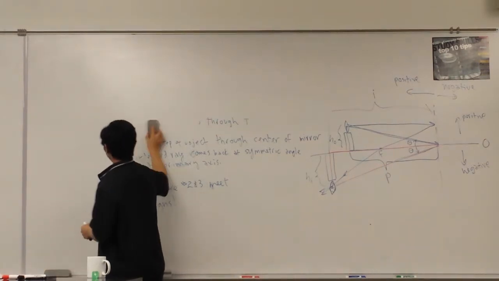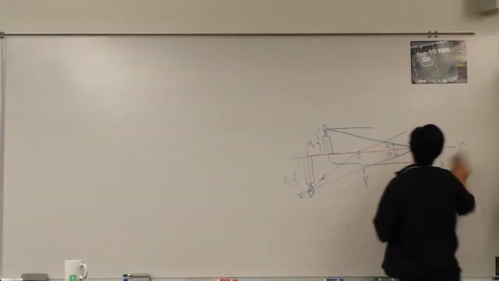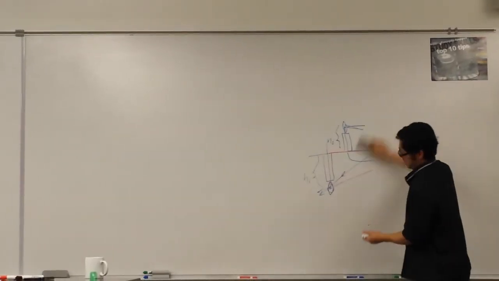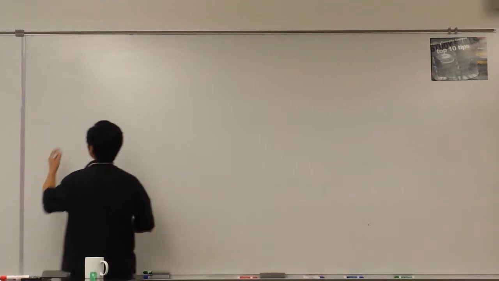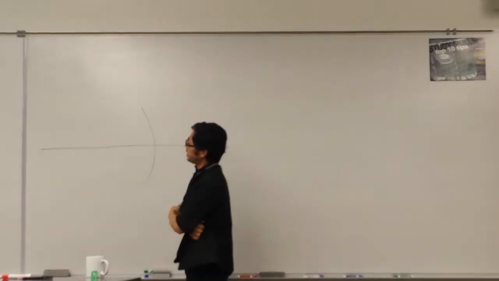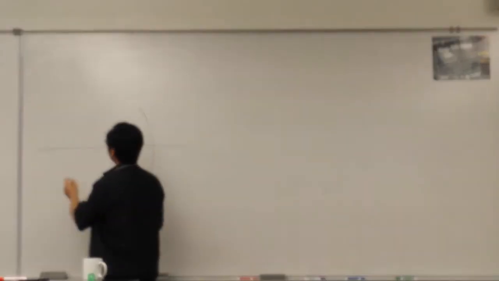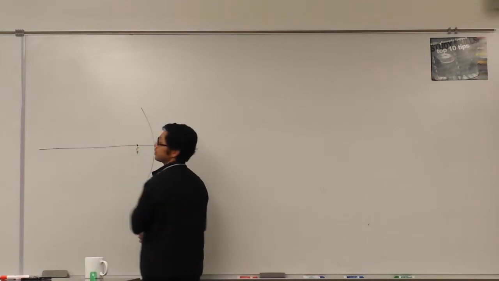So here's where you pull out your ruler and start using it. It says here that the mirror has an f of 5 centimeters. So whatever this mirror is, let's say I have f of 5 centimeters. F is right here.